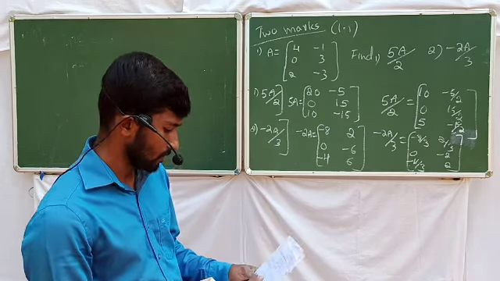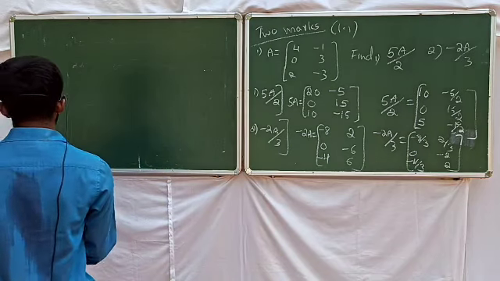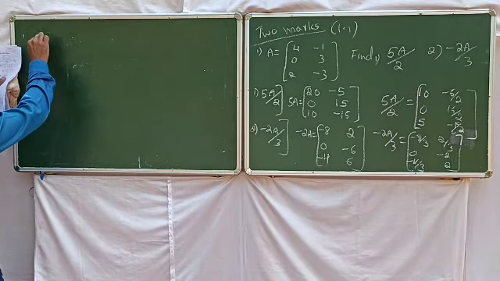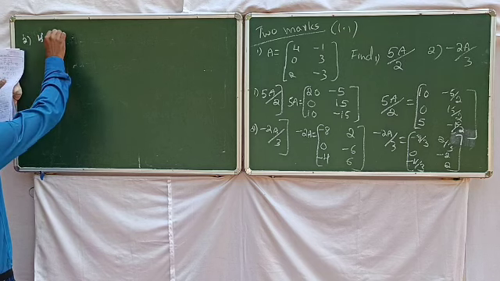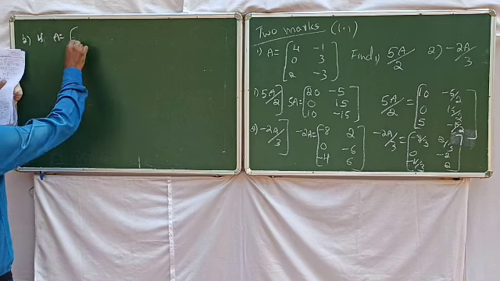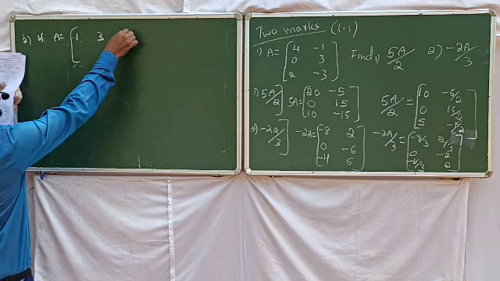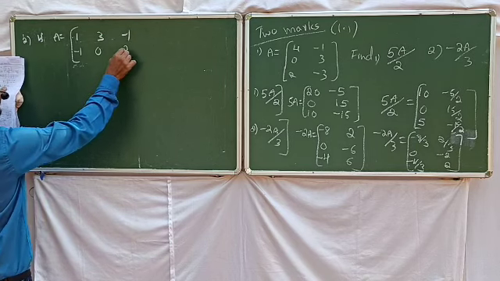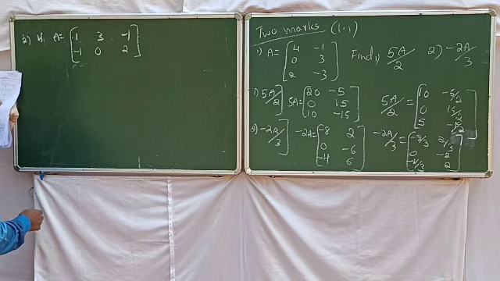Okay. Next problem, see. Matrix A is equal to 1, 3, minus 1, minus 1, 0, 2, minus 1, 0, 2.